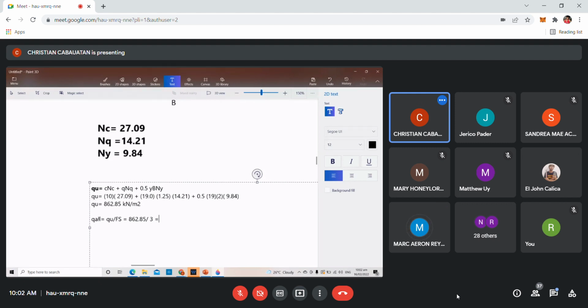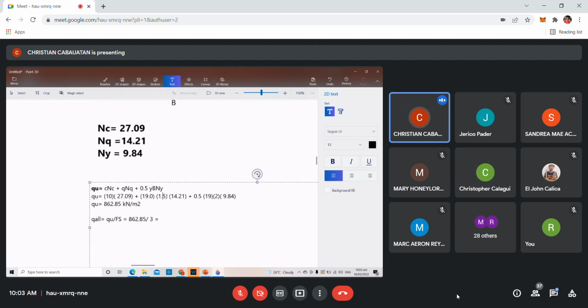Sir, yung sa QU po, ano yung sa QU natin? Hindi po ba 795 po? 700? Ha? Hindi, 795 po. Ito? Yes, sir. Sige, tignan natin. Sir, yung sa depth mo po ata, 1.20, 1.5 dapat.